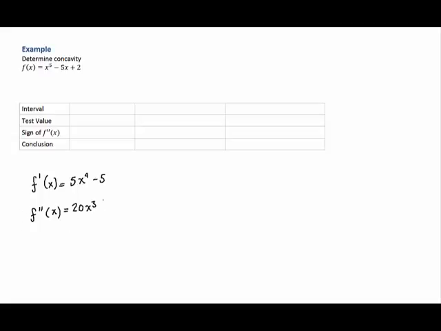When is this second derivative undefined? Nowhere. Where is the second derivative equal to 0? Whenever 20x cubed equals 0, which you can solve to get x is equal to 0.